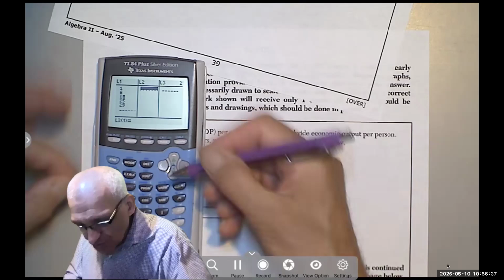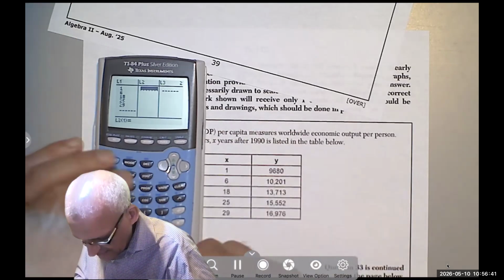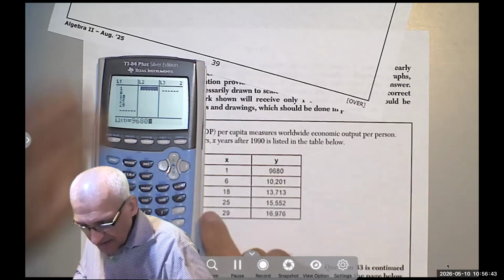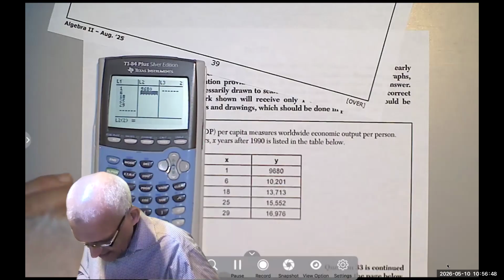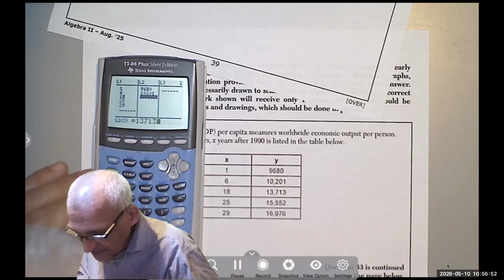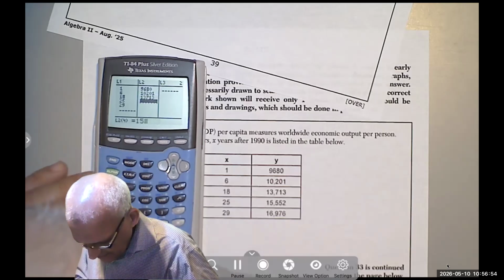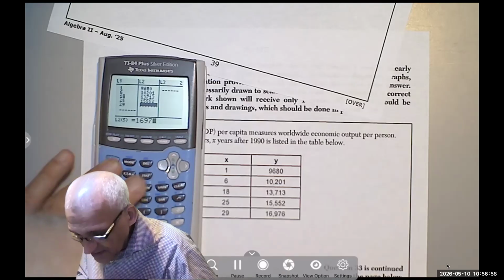Especially in the Y, because there are several digits: 9680, 10201, 13713, 15552, and 16976.